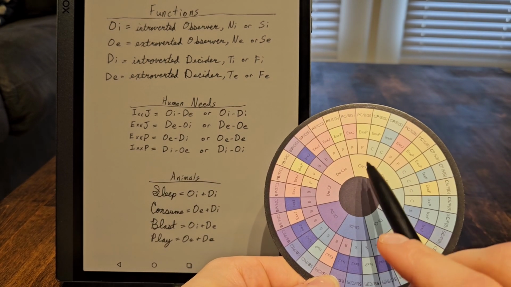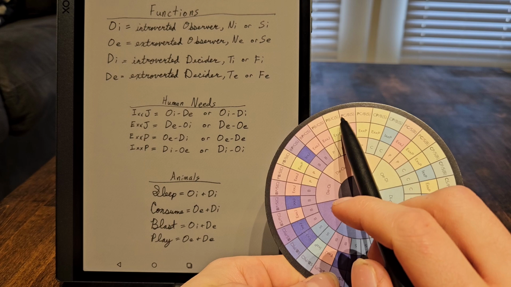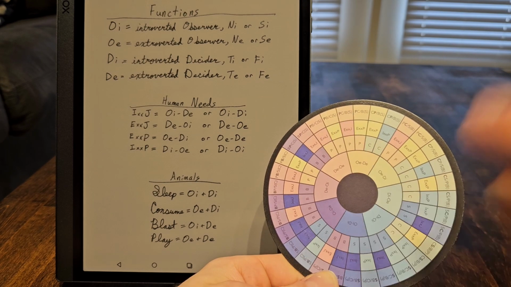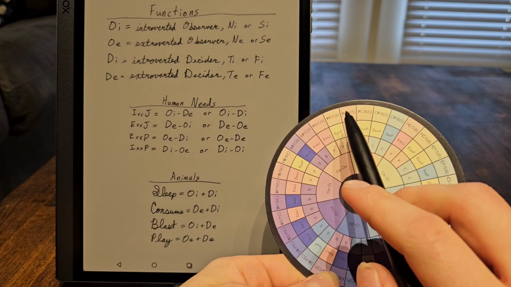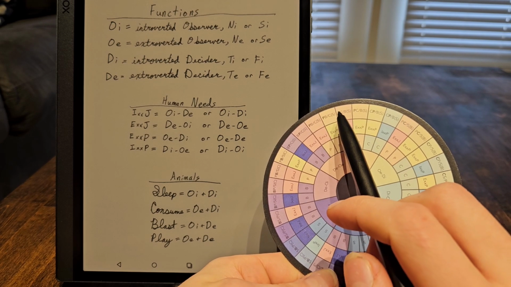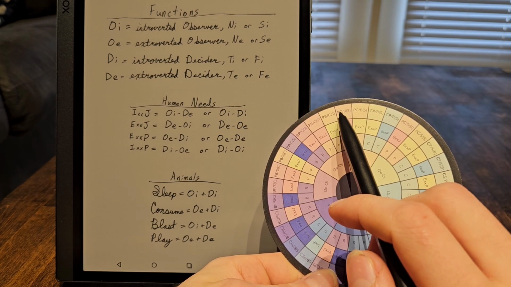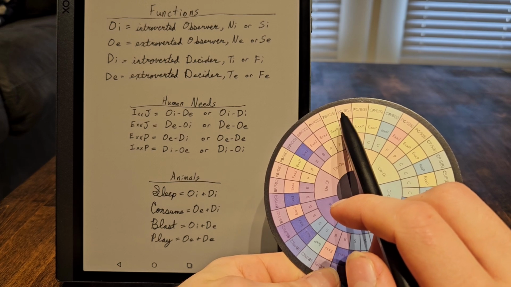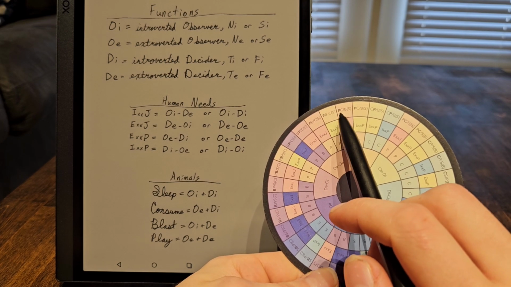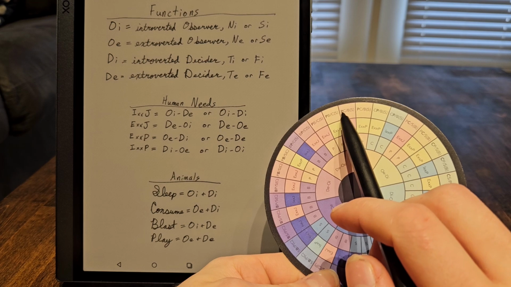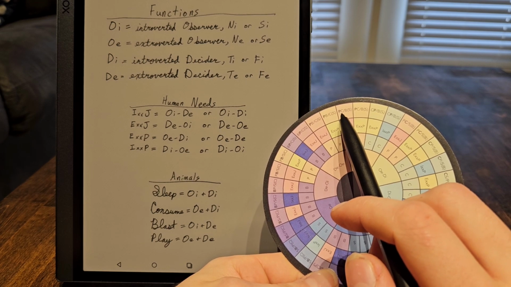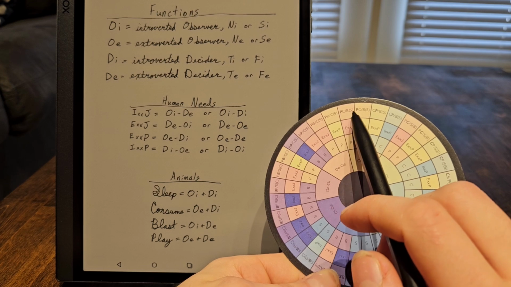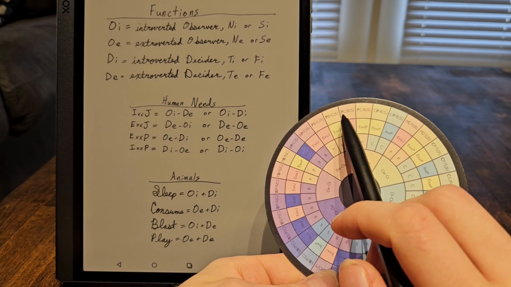Because in the animal stack, each one of these animals is actually going to be pinging 2 functions, right? And because of that, the first 2 animals ping 3 functions, but we're not going to say you have 3 savior functions. You only have 2, because you have 4 functions in your type, and you have 4 animals in your type.